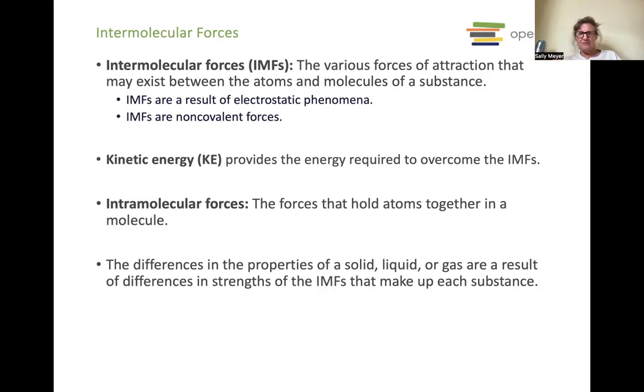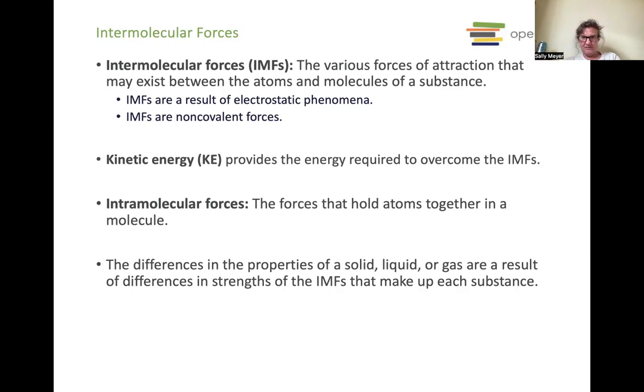So kinetic energy provides the energy to overcome these intermolecular forces. So for example, if you're trying to boil water, it doesn't start to boil until it gets to a temperature at which there's enough kinetic energy in the liquid water molecules to allow them to break free from each other. So to have enough kinetic energy to overcome the forces that hold them together.